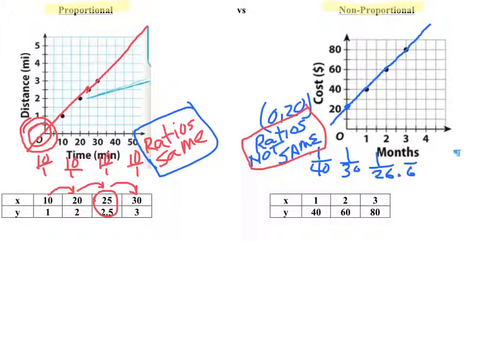Next, let's compare the slope. And we can see from 10 to 20, we add 10. From 20 to 25, we add 5. And from 25 to 30, we add 5. And on the y side, from 1 to 2, we add 1. From 2 to 2.5, we add 0.5. And from 2.5 to 3, we add another 0.5.